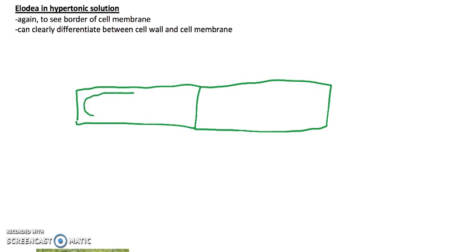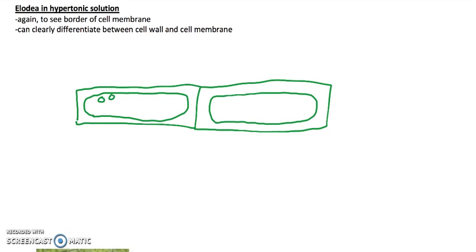So again, left is going to be one in its natural environment, where there's no osmosis, no diffusion occurring. Let me draw in my chloroplasts. Okay, so we will say natural environment on the left side.